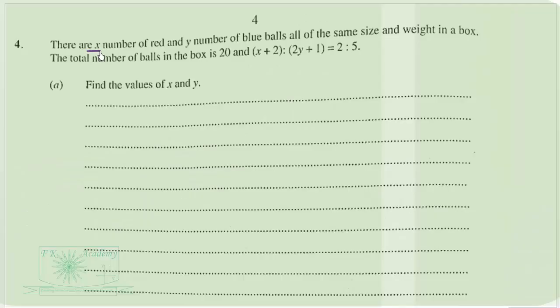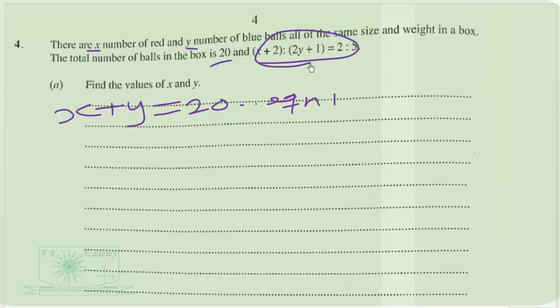So we have X number of red balls and Y number of blue balls. So the total number of balls will be X plus Y, and it is equal to 20. So we can call this our first equation. Then also we're given that X plus 2 is to 2Y plus 1 is equal to 2 over 5.